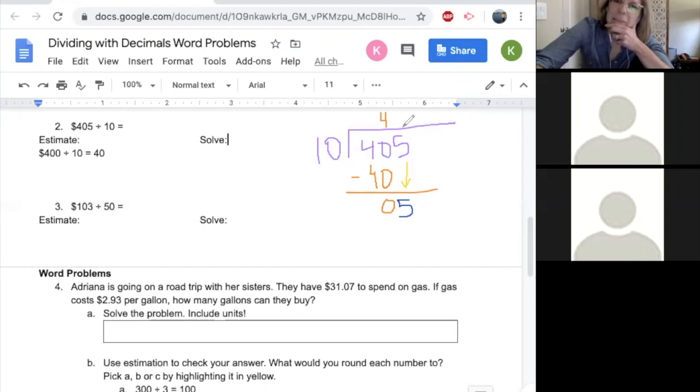So what should I put up here above the 5? Chipperman. 0. A 0 because it goes in 0 times. 10 times 0 is 0.